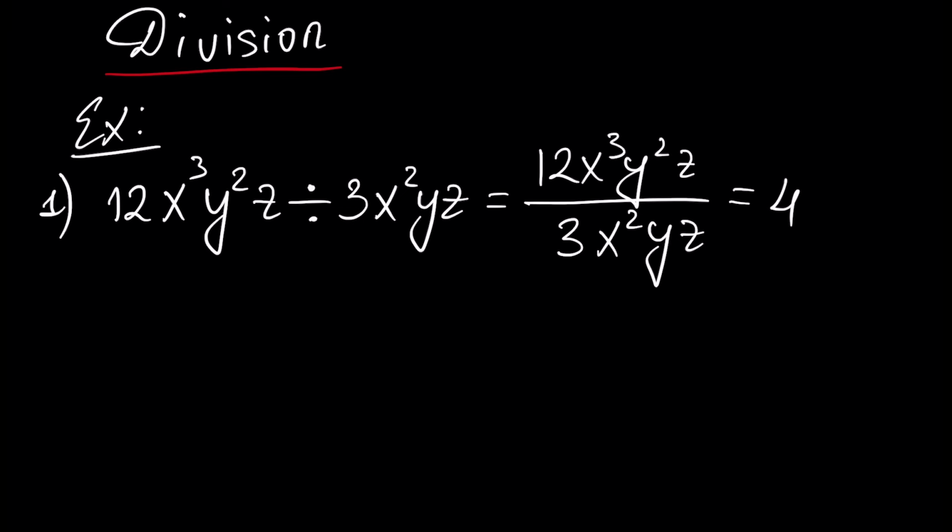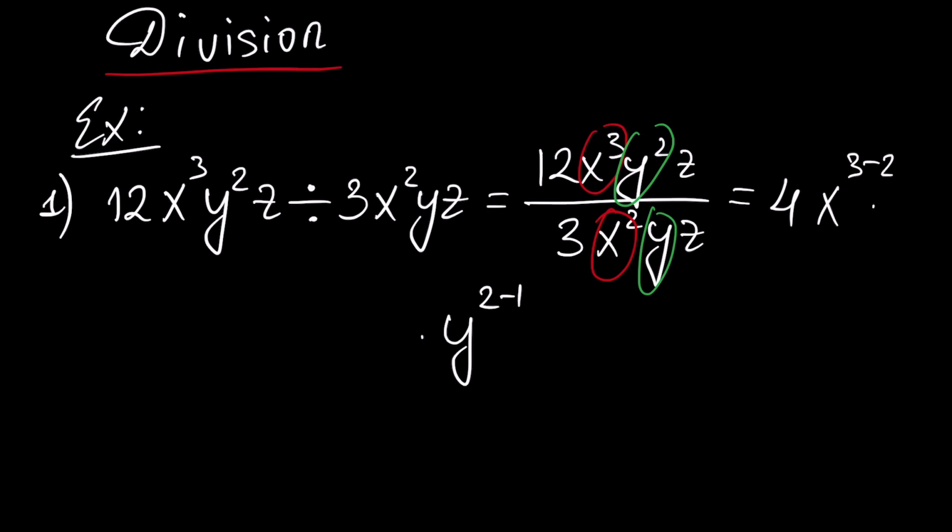X cubed divided by x squared is x to the power 3 minus 2 times y. We have here y to the power 2 divided by y is y to the power 2 minus 1. And we have z to the power 1 minus 1.